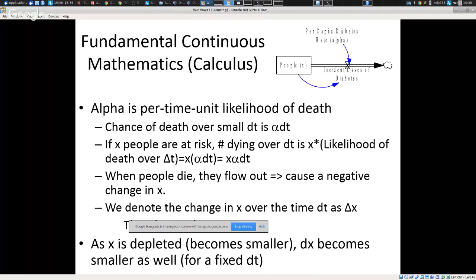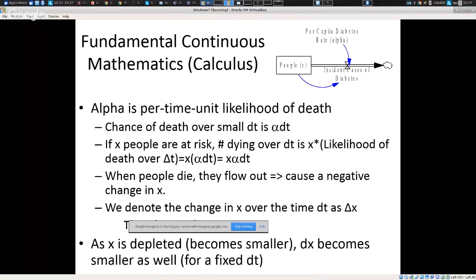So if I am still in the state X, and I have a chance per unit time of leaving at alpha, and I consider the next little bit dt, what's my chance of leaving during that time? I just told you. Alpha times delta t.